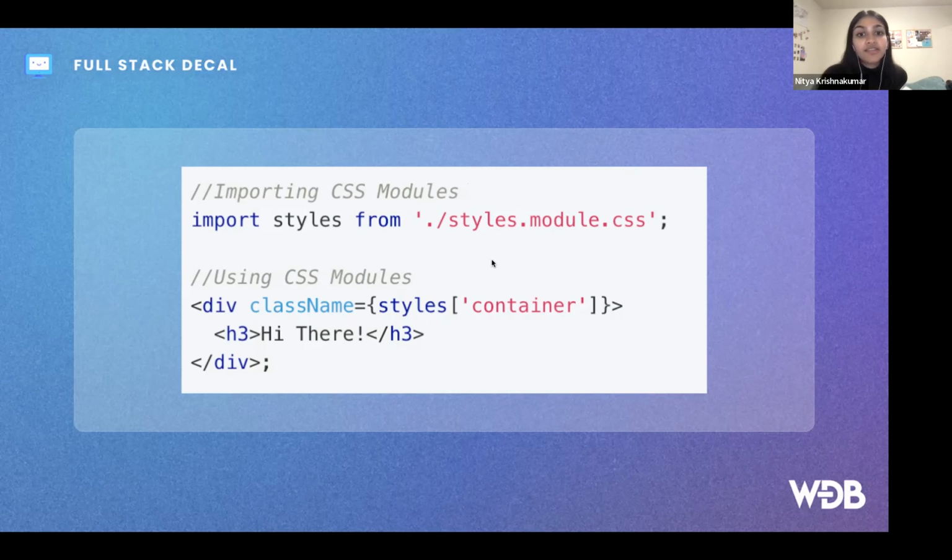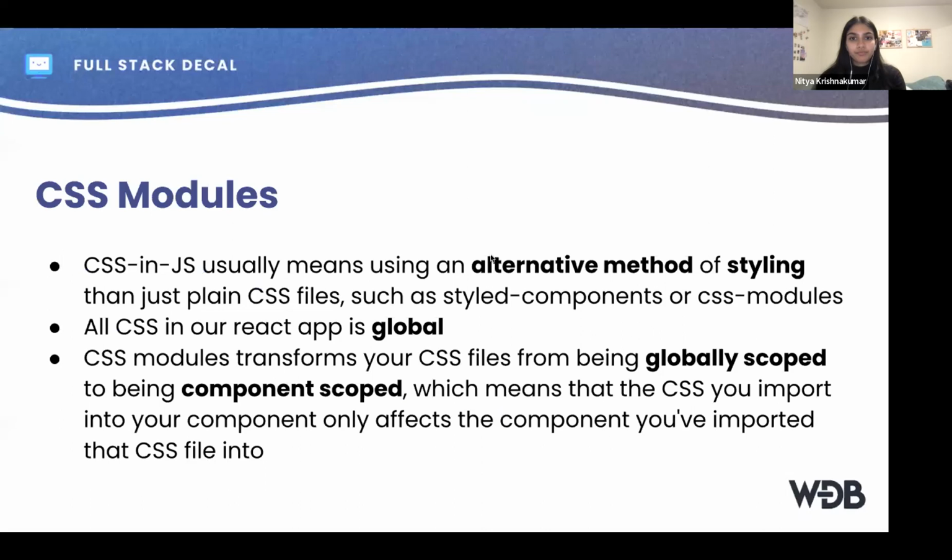What's the difference between CSS modules and just having a bunch of CSS files? I explained this a little bit earlier, but having a bunch of CSS files means that the scope is global. What global scope means is that your styles for Square can technically apply to all your components.